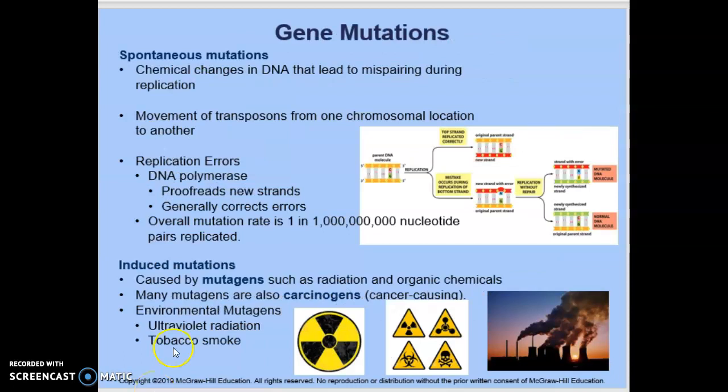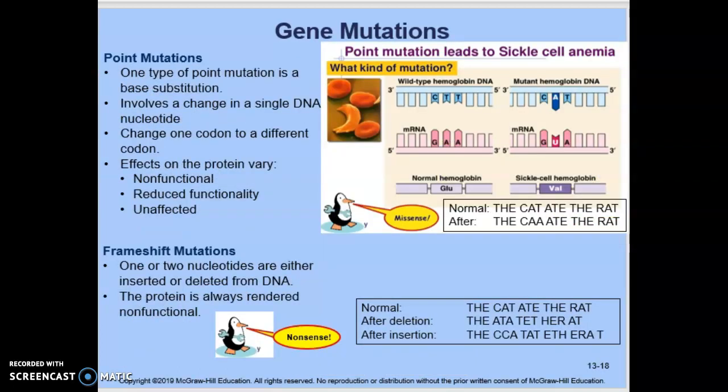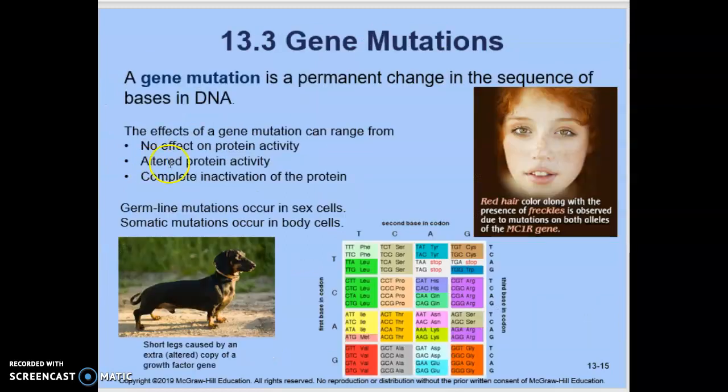Different causes of mutations: we have spontaneous and induced. And make sure that you know the difference between point mutations and frame shift mutations, and the different effects of gene mutation. So sometimes there's no effect at all. Sometimes it just alters the protein activity, and sometimes it completely inactivates the protein.